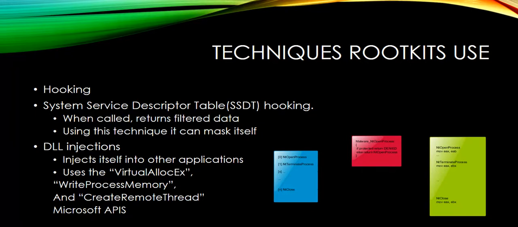When the user requests information, the SSDT provides it. If the information is denied by the malware, it will send back false information. If it is accepted, it will send back the correct information to the user. This is how rootkits hide themselves from antiviruses. Rootkits will give false information to antivirus to show that they can be trusted.